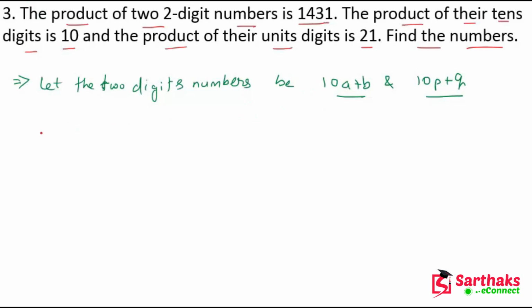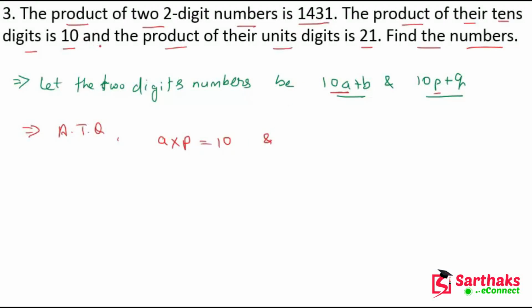It is given that the product of their tens digits is 10. It means the tens digit is a here, and p is the tens digit. So according to the question, a into p is 10.